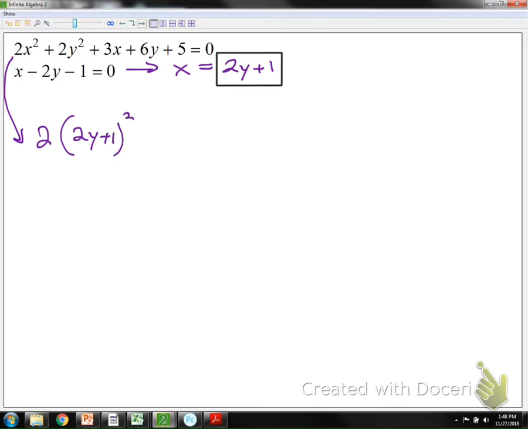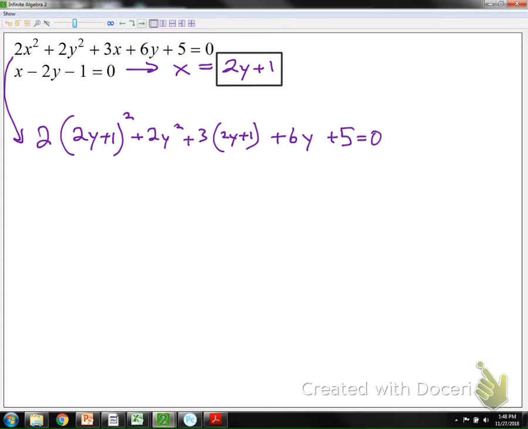So we'll have 2 times (2y plus 1) squared plus 2y squared plus 3 times x, which is, again, 2y plus 1, plus 6y plus 5 equals 0. Okay, so we've made our substitution into the first equation, 2y plus 1 everywhere there was an x.